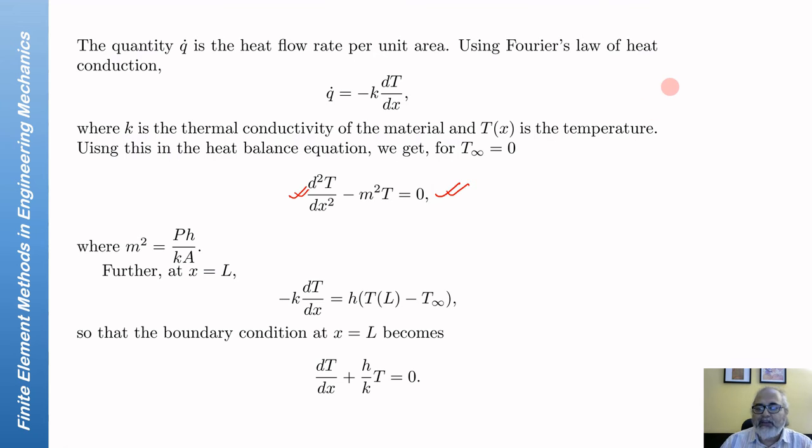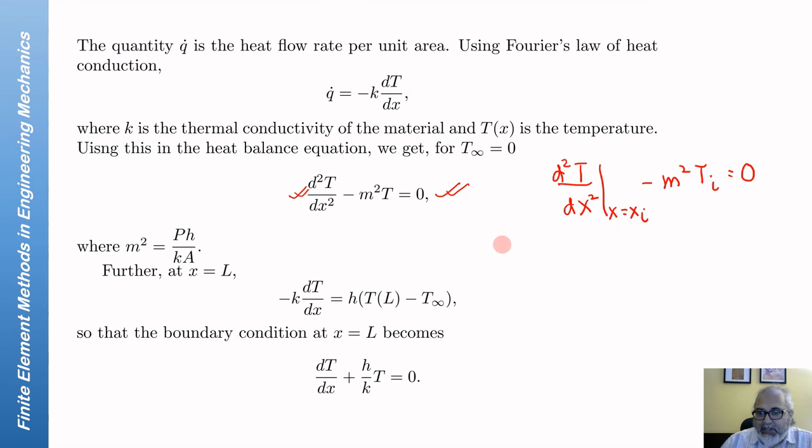We can now write the governing equation down at a point i, in the discrete temperature form. For example, if I want to write it at x equal to xi, d²T/dx² minus m²T at i is equal to 0. I want to write this.